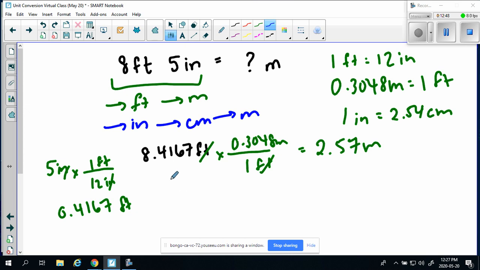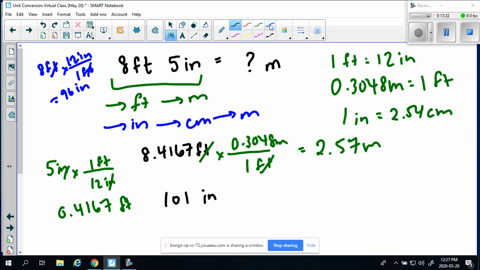If you want to do this in the blue case, you've got to convert this into inches. So 8 feet, with 1 foot equal to 12 inches. So we're going to multiply. So 8 times 12 is 96 inches. So instead of writing 8 feet 5 inches, what I really should write is this in inches. So 96 plus the 5 inches is 101 inches.